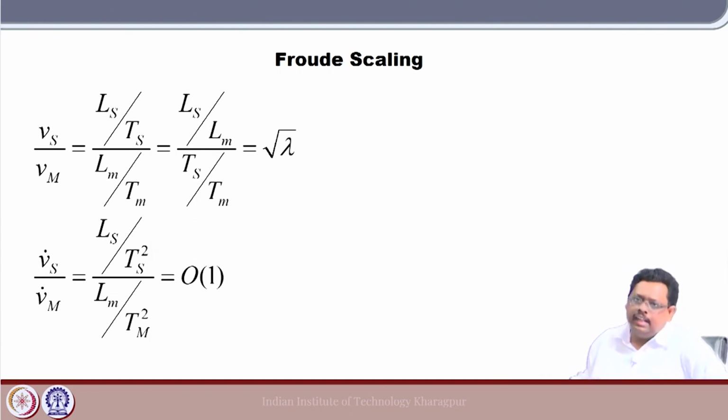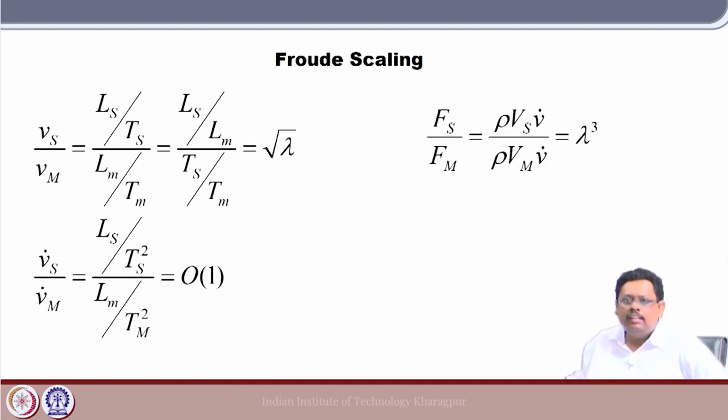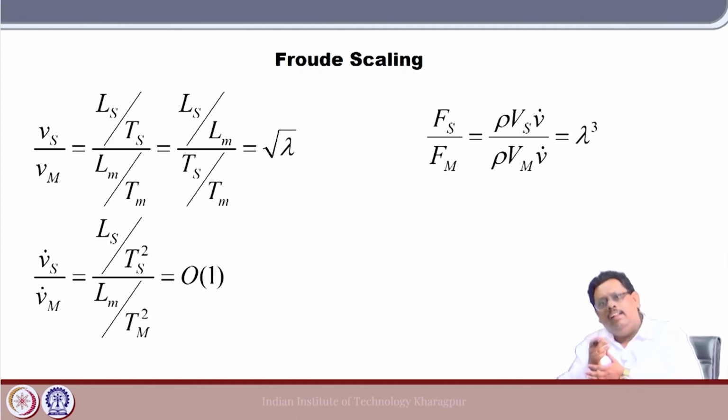Now, once you understand that acceleration is similar for the model and for the ship, it is order of 1, then we can scale the force. So, how can we scale the force? It is mass times acceleration. Here Vs is nothing but the volume. The volume of the ship, we can also call displacement, here I am using V. So, mass and then rho will cancel out.